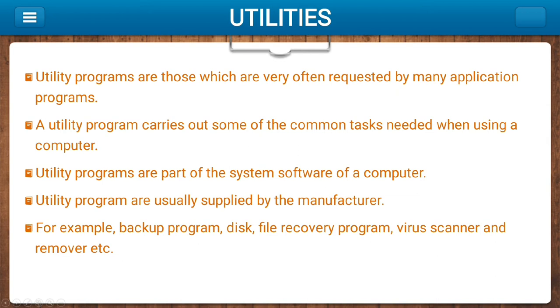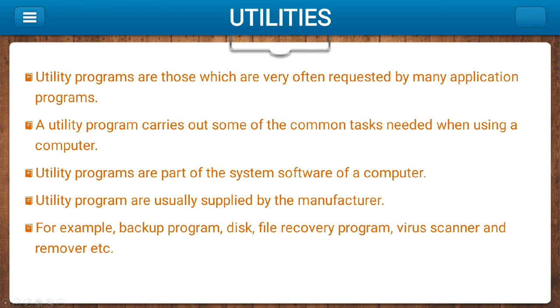Next, utility programs are part of the system software of a computer. You have the main system software, that is your operating system. The operating system is not just one software. It is a collection of different programs combined together to form one system software that is called the operating system.